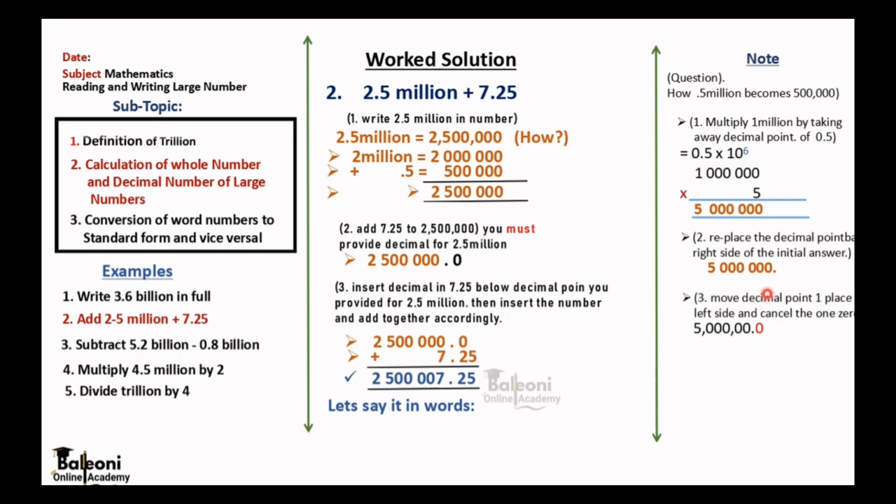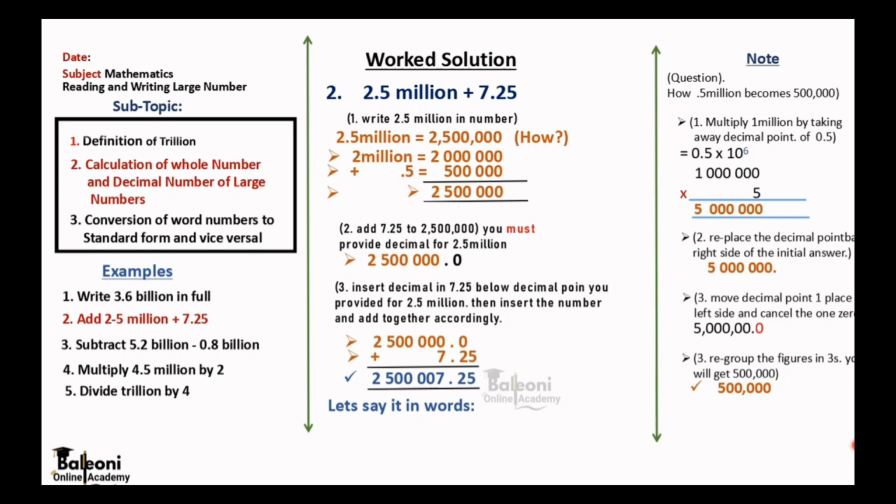So we move one place to the left-hand side, then you place your decimal point here. When you do that, this is how it would look. You can see the decimal point was here before and we place it here. Then we cancel this 0. So this 0 is not significant again. You don't need it. So then the final step is to regroup figures in threes. There you are going to have your answer. That's how we get 500,000 as a result of 0.5 million.